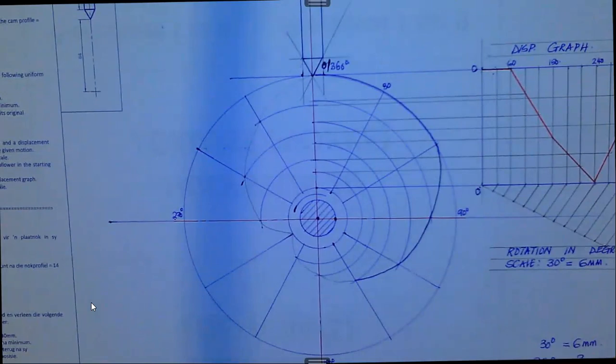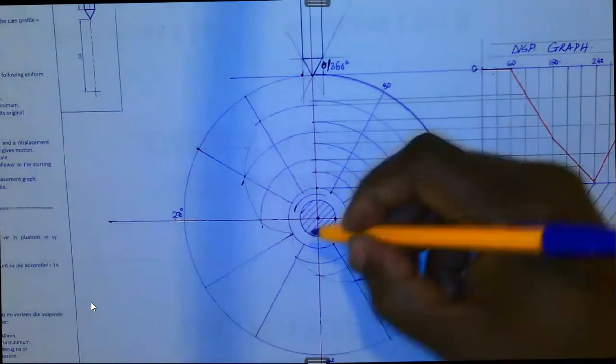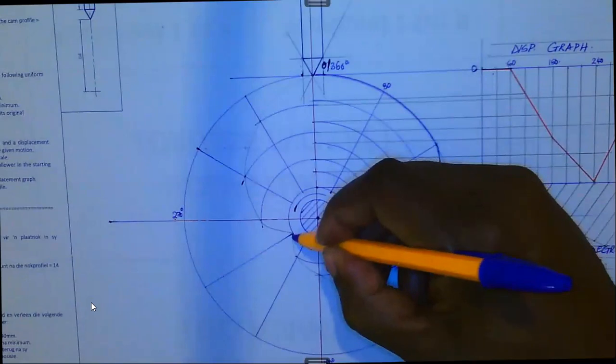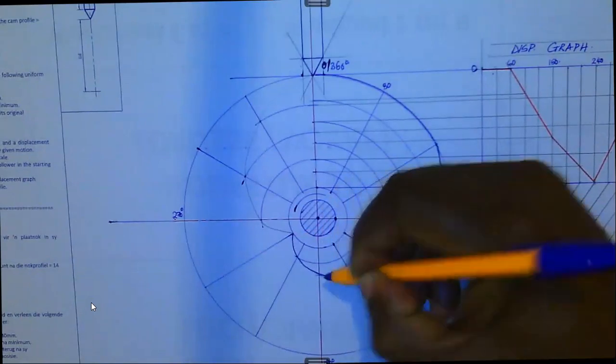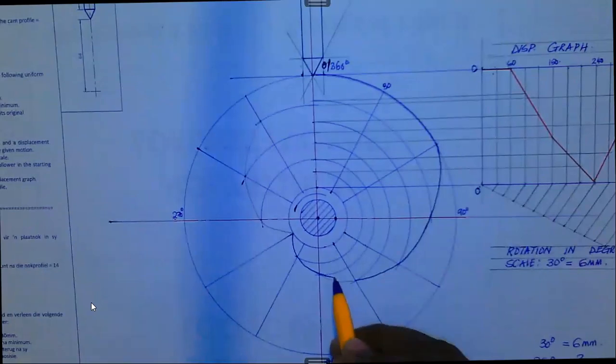But remember, when you are resting in terms of outlines, you rest at a particular point. Don't rest in between, otherwise you end up losing your mark. But I'm going to do this. There you go.